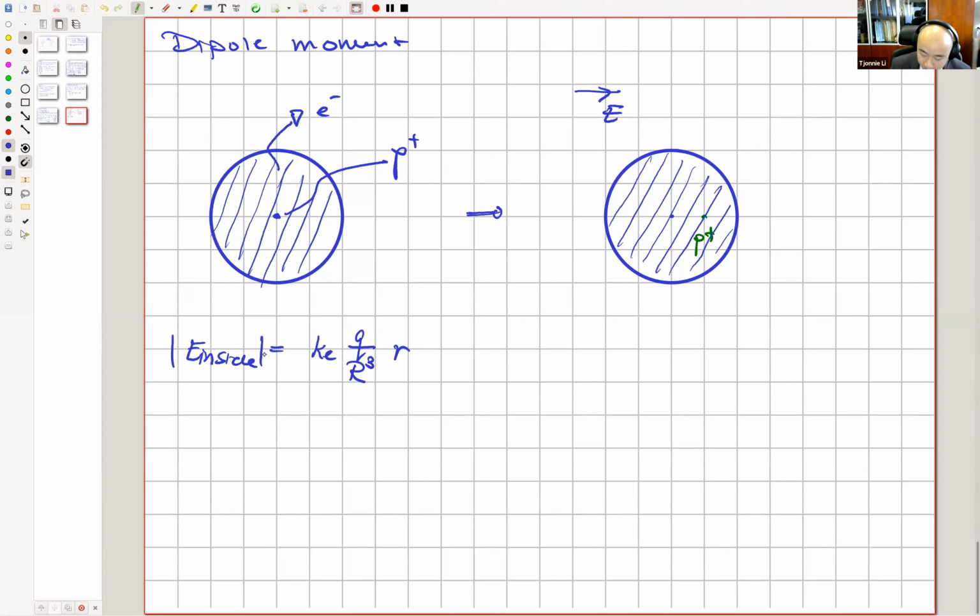Here I'm just talking about the magnitude. So if I'm inside this cloud, which we can consider to be the same as a conducting sphere where the charge is uniformly distributed, I get a scaling that goes like this over here.